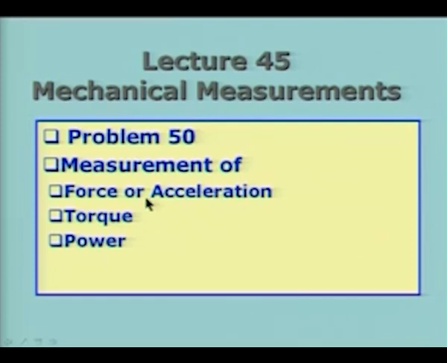In some other applications, for example, force is involved in the measurement of weight of an object, or force experienced by an object under acceleration, and therefore we may be interested in measuring force as well as acceleration independently. For example, in the case of vibration problems, one would like to measure the forces experienced by an object when it is subjected to acceleration because of the vibrating motion of the system.